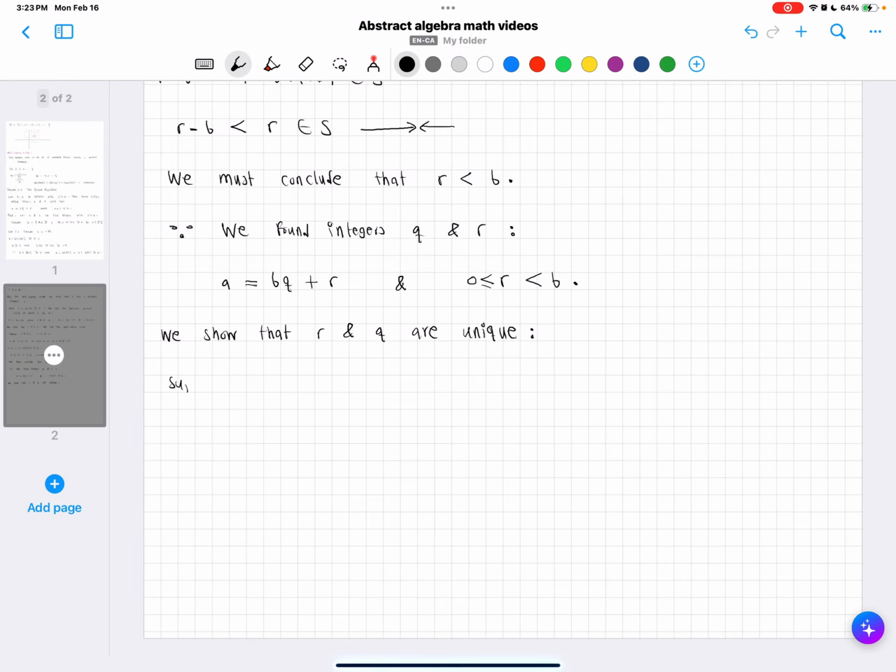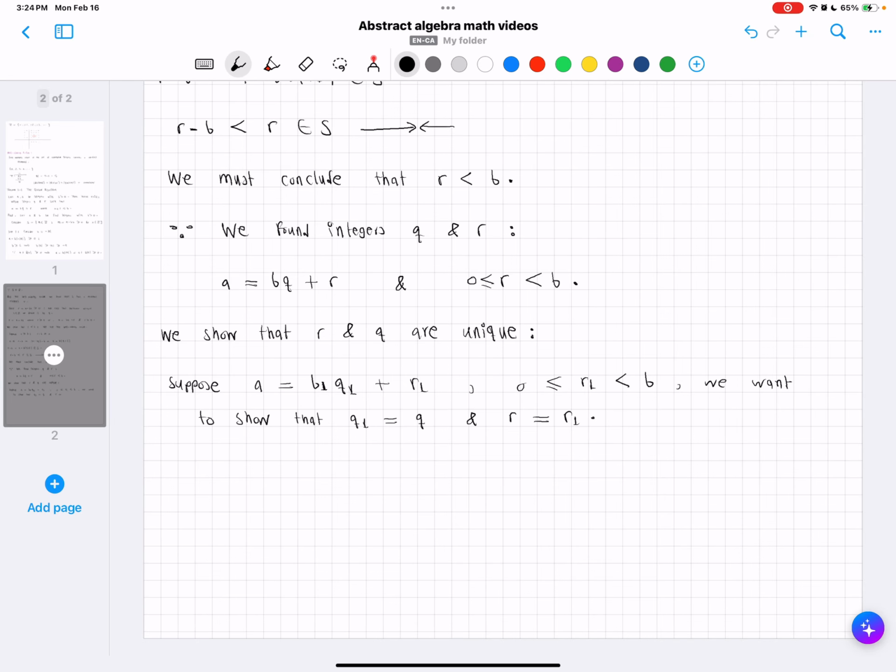So suppose A is equal to B times another quotient plus another remainder, where it is guaranteed that this remainder is less than B, and we want to show that Q1 is equal to Q and R is equal to R1.